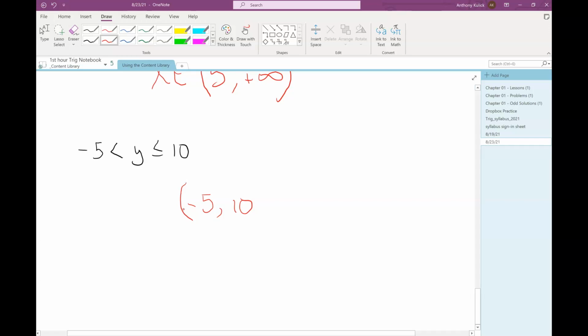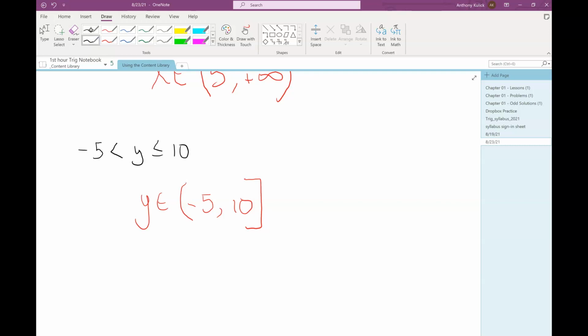And the inequality involving the 10 is a less than or equal to, so at the 10, we're going to use the bracket. And just like before, because the variable here is a y, we're going to say y is a member of that interval.